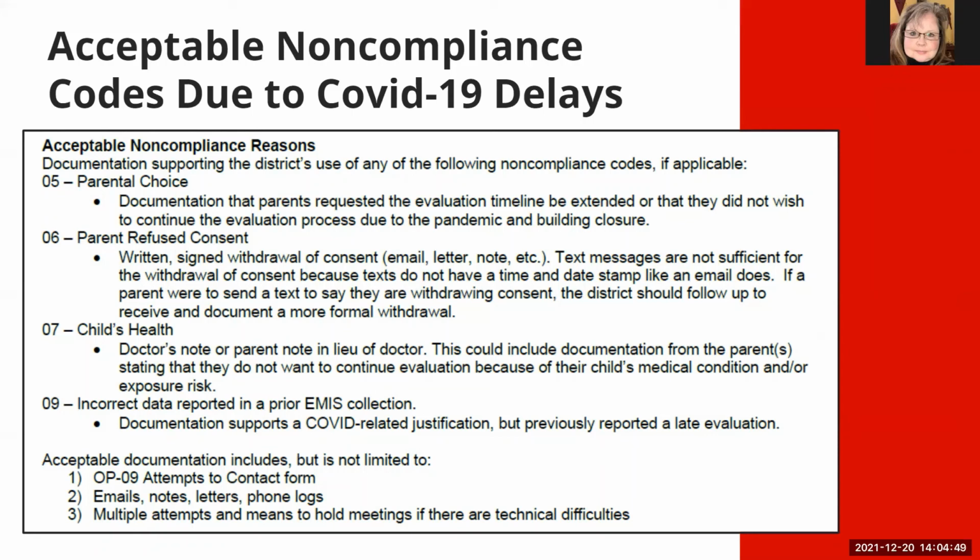The child's health. There may have been an issue where a child was in a vulnerable population, and so a doctor did not want the child to participate in anything face-to-face. And then again, incorrect data reporting because of COVID delays that may have happened in a previous reporting cycle.